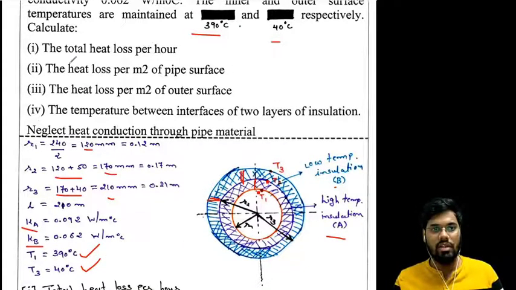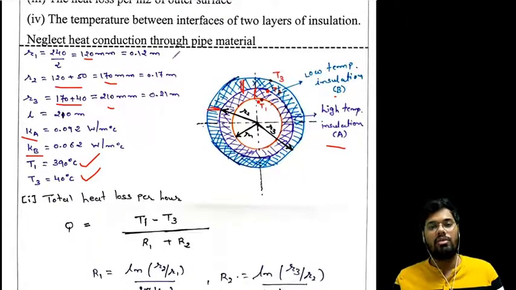First, we need to find out the heat loss per hour. We know our standard equation, Q is equal to T1 minus T3 over the resistances, because T1 is higher, so heat will flow from T1 to T3. Between T1 and T3, there would be two conduction resistances, one for the first insulating material and one for the second.